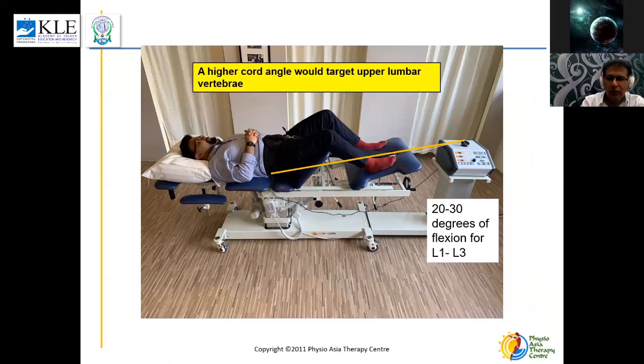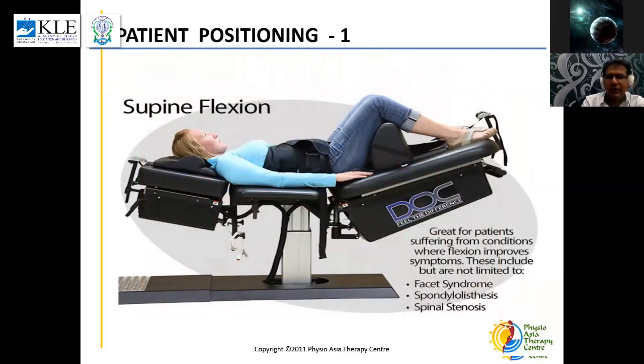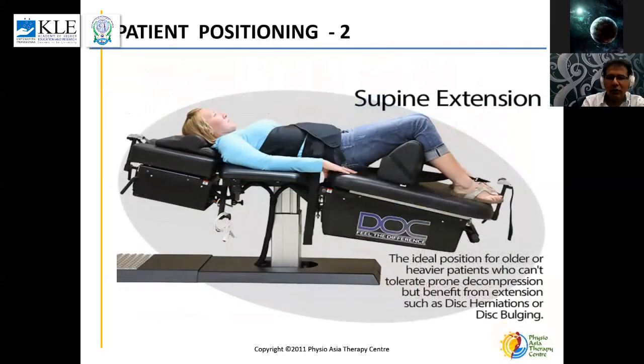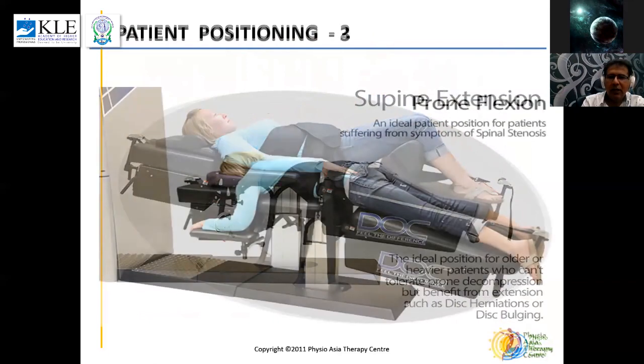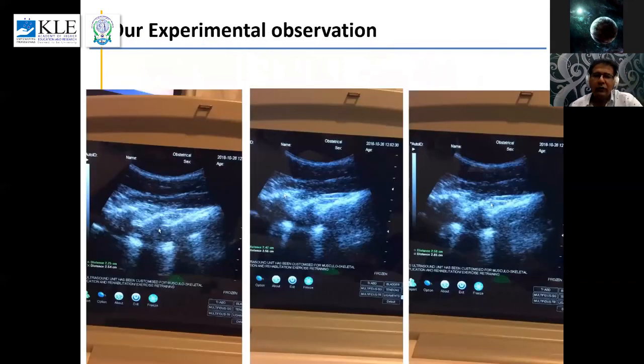Your angle of pull will affect where or which levels you are applying force to. Okay? And these tables I will quickly run through. I'm running out of time. Can allow you to do different positionings. So what we have also just quickly shared with you, ending here, we actually have done measurements of spinal segment separation, and we looked at using the imaging ultrasound to measure the distance and effect on supine and lumbar position.